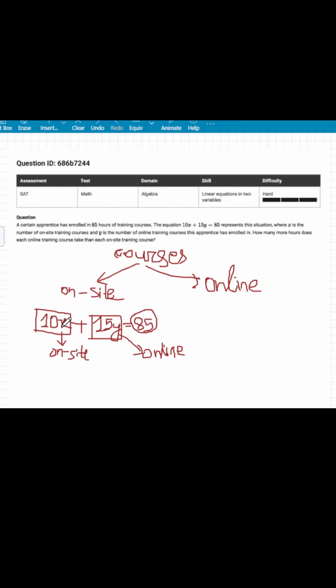Now you know that x is the number of on-site courses. So 10 must be the duration of each course. Similarly, y is the number of online courses, so 15 is the duration of each online course.